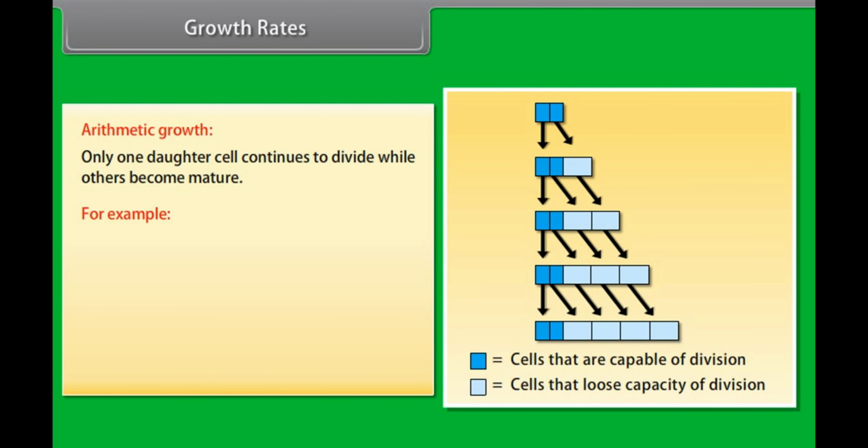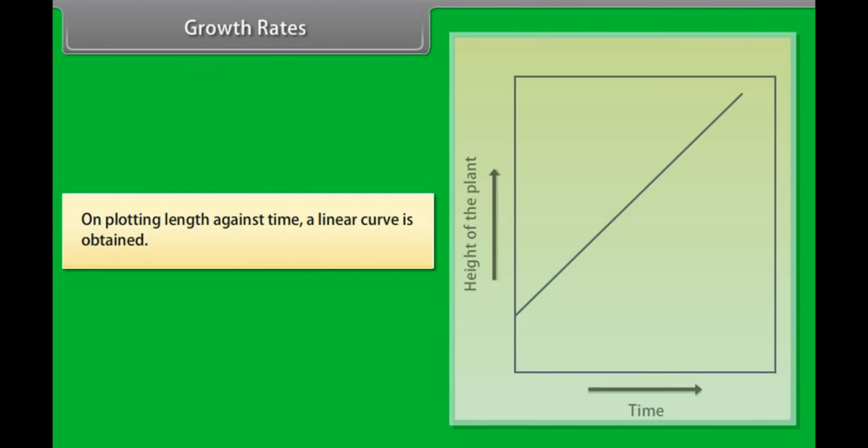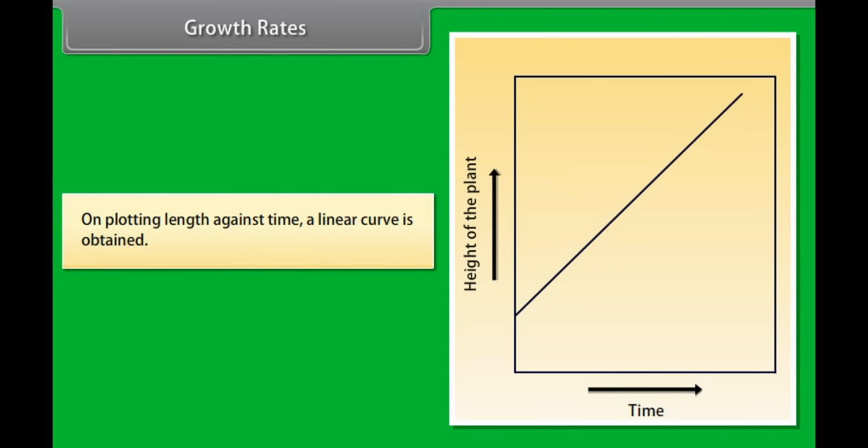For example, root elongating at a constant rate. Mathematically, Lt = L0 + rt, where Lt is equal to length at time t, L0 is equal to initial length, r is equal to growth rate. On plotting length against time, a linear curve is obtained.